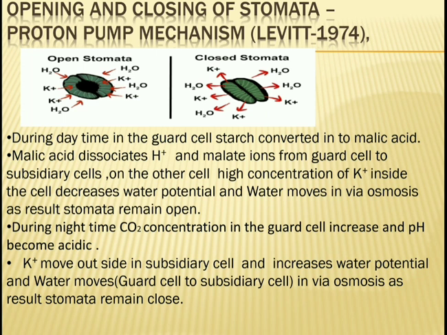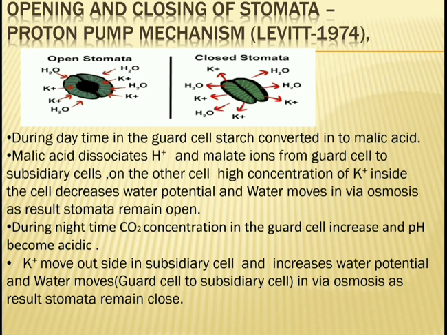On the other hand, potassium ion enters into the guard cell, and the high concentration of potassium ion decreases the water potential. Their osmotic pressure increases, and water moves from the subsidiary cell to the guard cell.